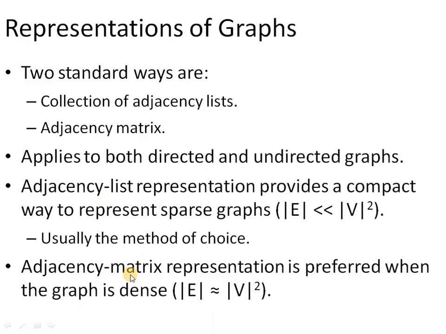On the other hand, if we are working with a dense graph, that is, the number of edges present in a graph is approximately equal to the square of the number of vertices. In other words, a dense graph is a graph in which an edge exists between almost every possible pair of vertices. If we are working with such a graph, then adjacency matrix representation is preferred.